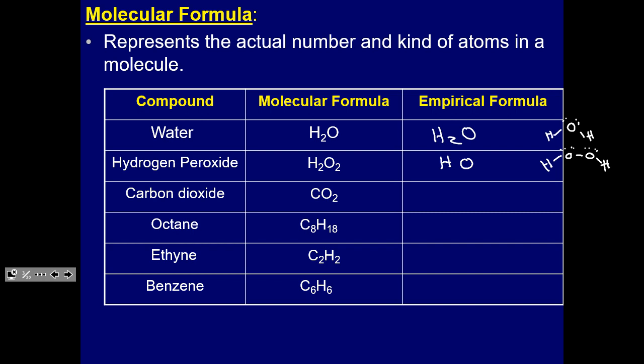Carbon dioxide, CO2, is the empirical formula, because I can't cancel anything out. What would be the empirical formula for C8H18? We want to reduce it down to its lowest set of numbers. I don't think so.